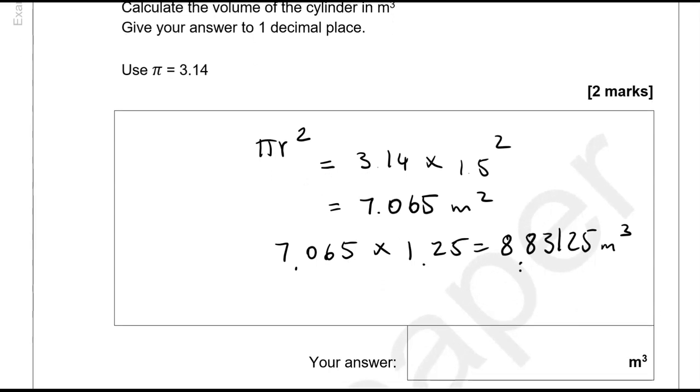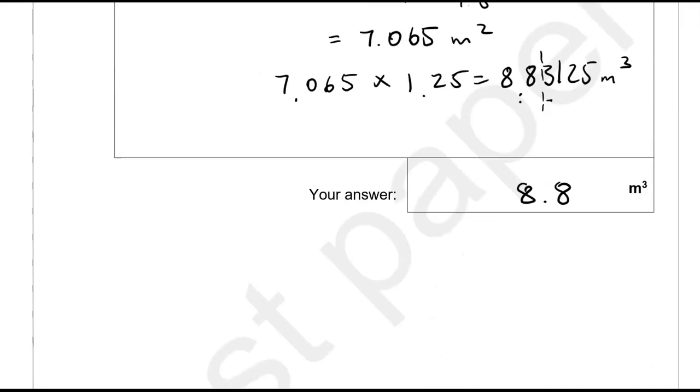So that would mean getting 8.8 because 3 is lower than 5.